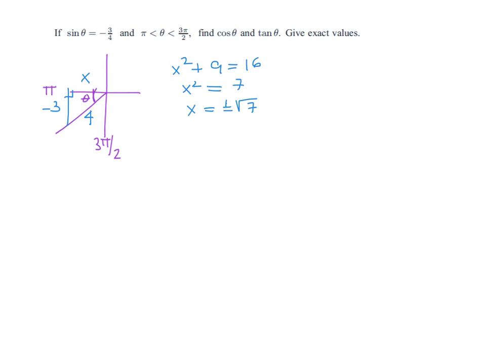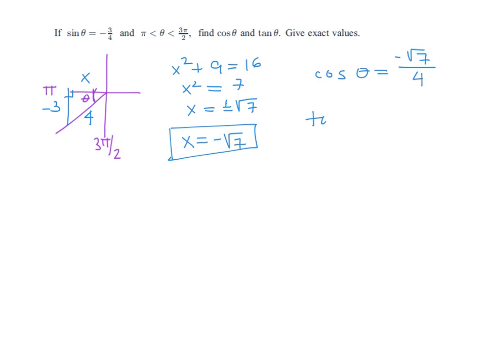But in this case, we're looking at only the third quadrant, so the x value must be just negative root 7. So once we know that x is equal to negative root 7, we can say cosine of theta is adjacent over hypotenuse, so that makes it negative square root of 7 over 4.